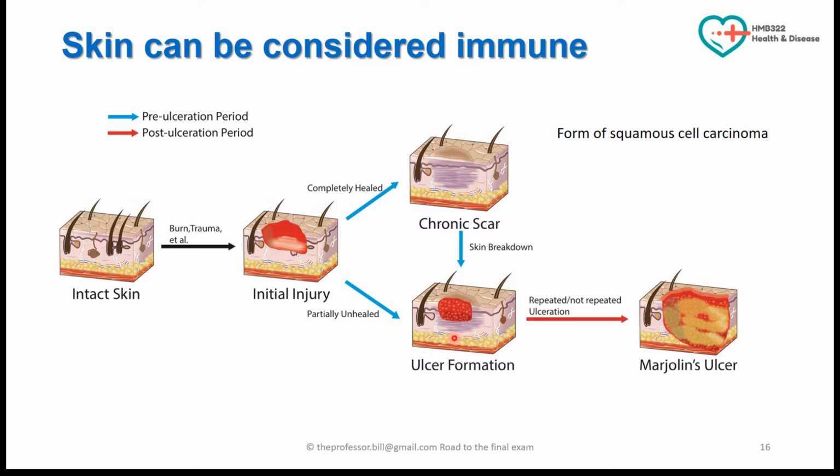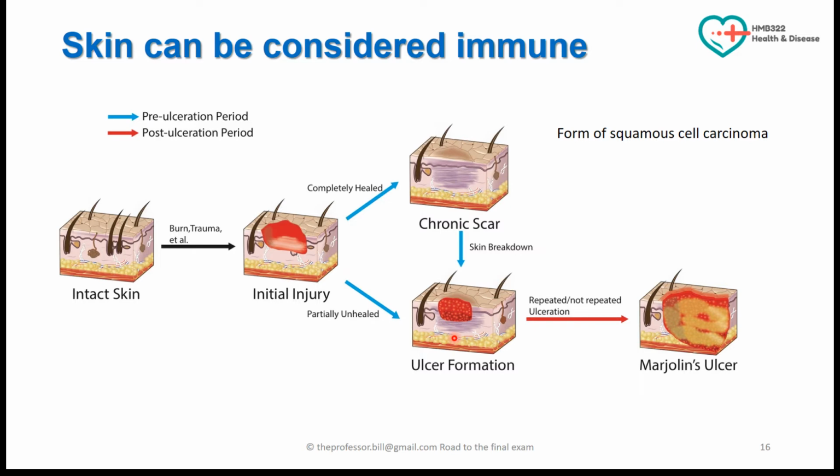And again, sometimes it resolves and it takes a little bit longer, but it might go on to form scar tissue. And you can also go the other way: if you continually damage that same area of skin, that chronic scar can be broken down and you can form an ulcer as well.